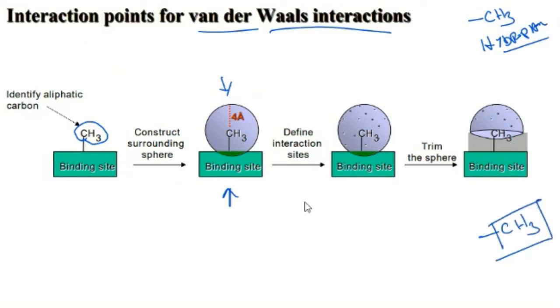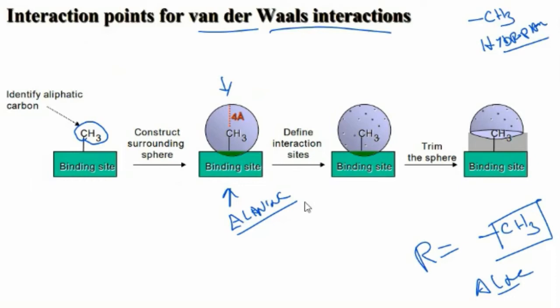Can you tell which amino acid has CH3 as the R group side chain? Okay, this is alanine. So probably what they are highlighting here is the side chain of alanine, the methyl group. They draw a sphere around the side chain of the alanine methyl group.